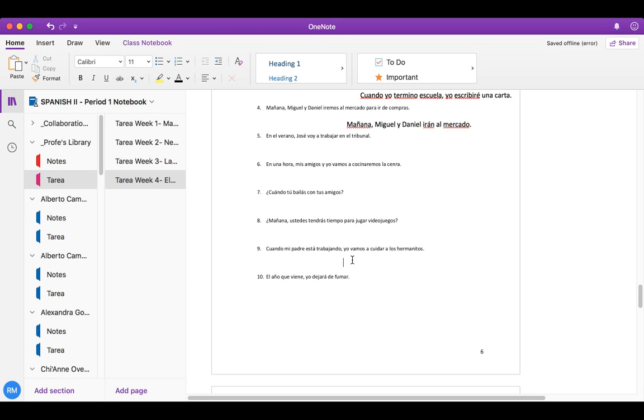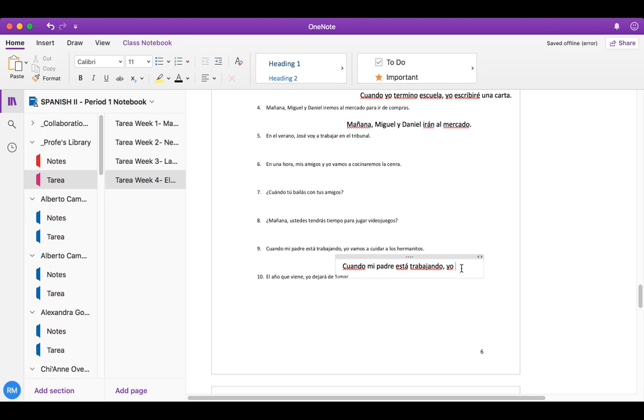It says, cuando mi padre está trabajando, yo vamos a cuidar a los hermanitos. Okay, so cuando mi padre está trabajando, that looks great. Yo, and then we have an ir plus a plus infinitive here with the verb cuidar.